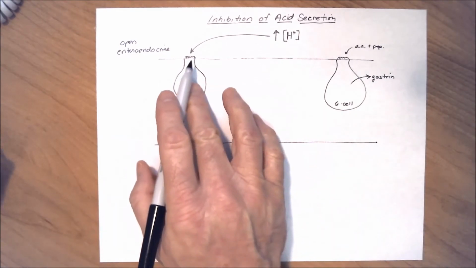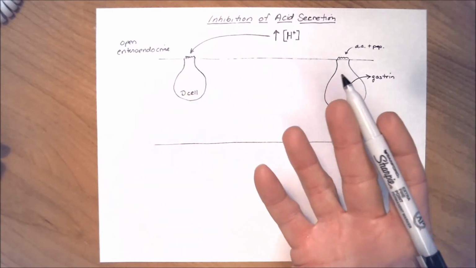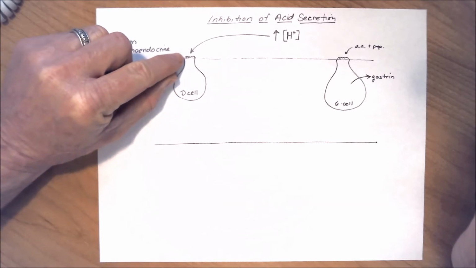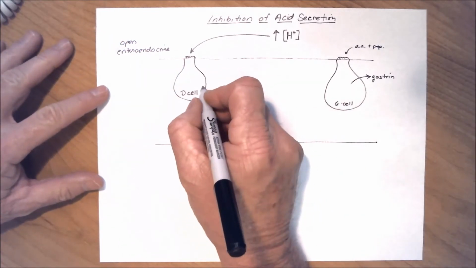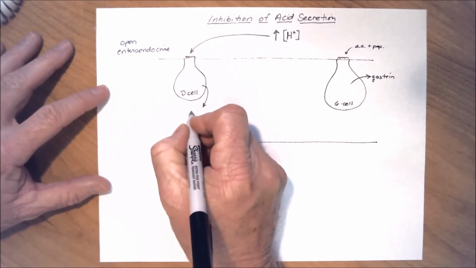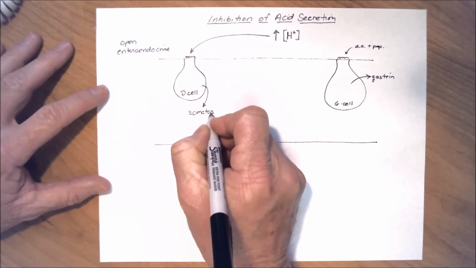So the D cell has receptors that can bind to protons and recognize the concentration of protons is rising by achieving a threshold of binding affinity. What this then does is stimulate the D cell to secrete the effector somatostatin.